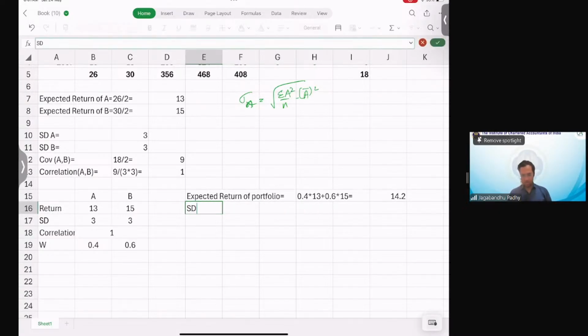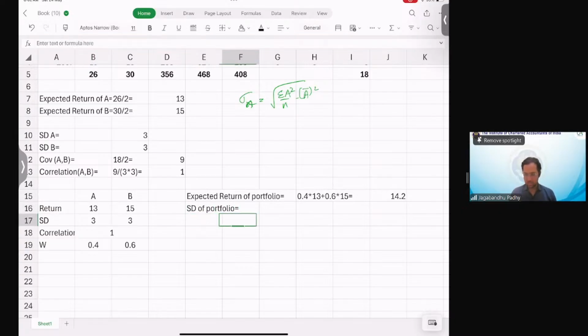Then, what about the standard deviation of the portfolio? Let me first calculate the variance of the portfolio.